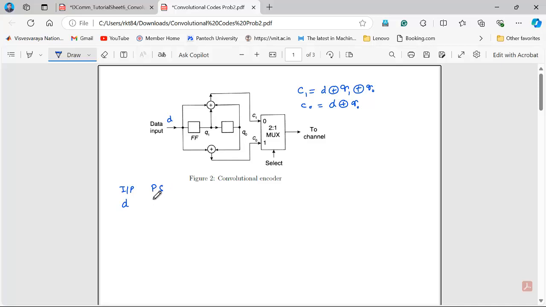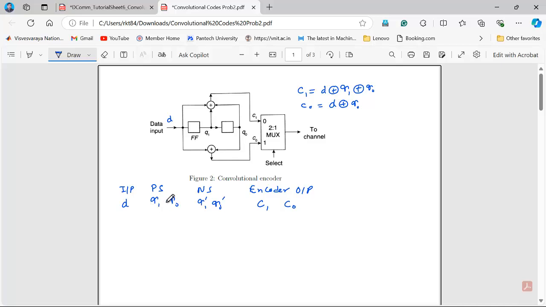Present state I write Q1 and Q naught, and next state I write Q1 dash, Q naught dash. Then the encoder output, which is C1 and C naught, that we have to write.